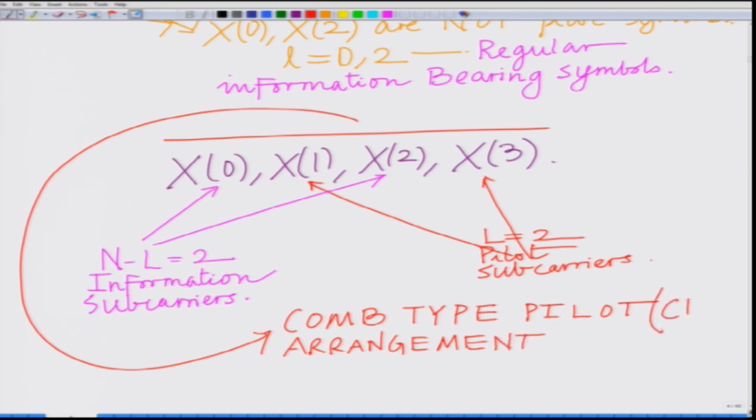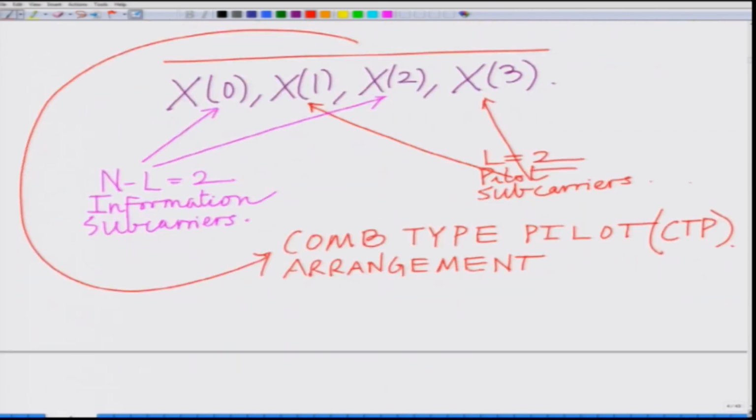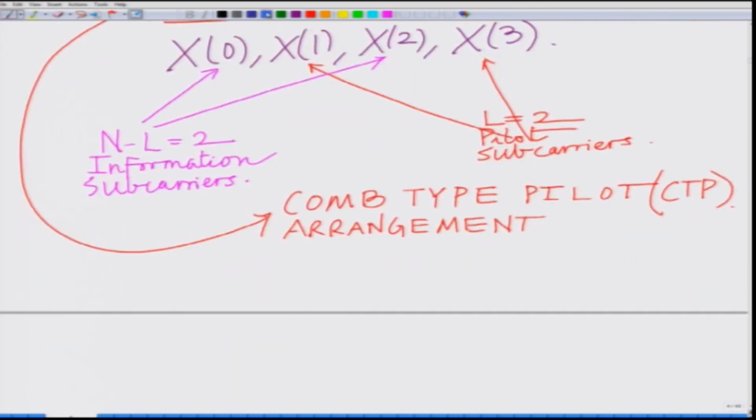We are going to denote this by the acronym CTP. So this is your CTP pilot transmission, or CTP based transmission.